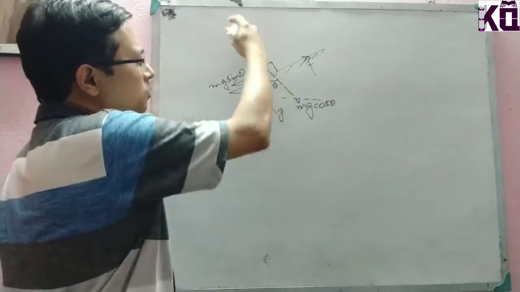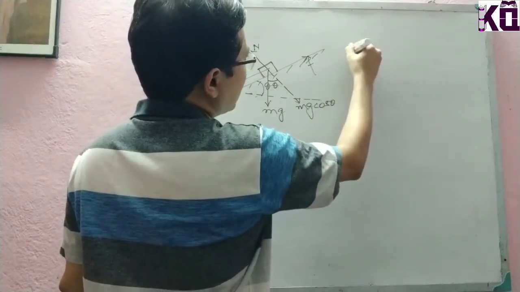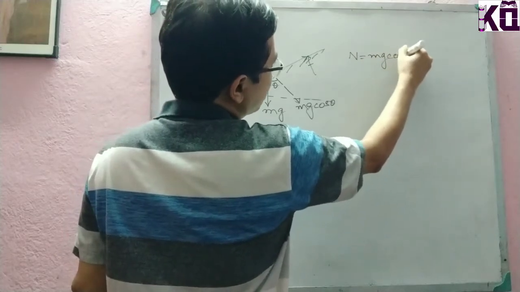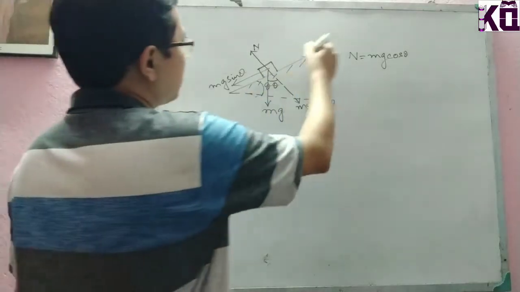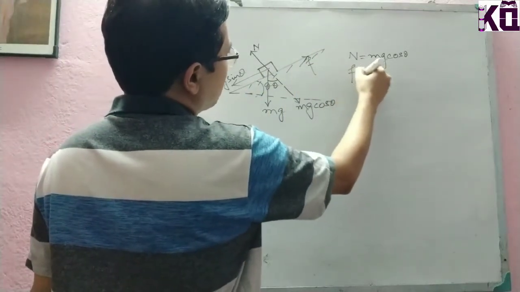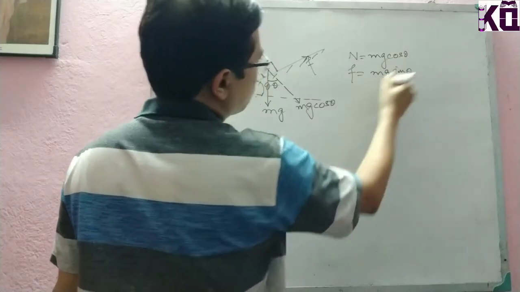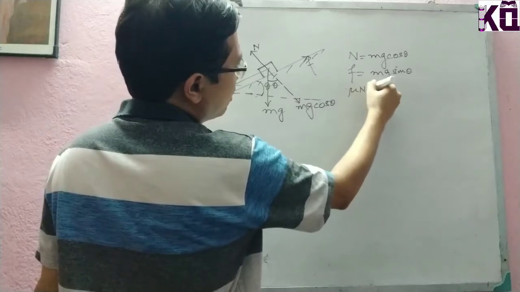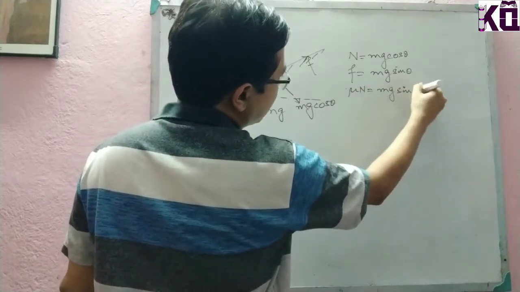First we can write n equals mg cos theta. Obviously n and mg cos theta must be equal, and f must be equal to mg sin theta. Now as f equals mu into n, we have mu n equals mg sin theta.